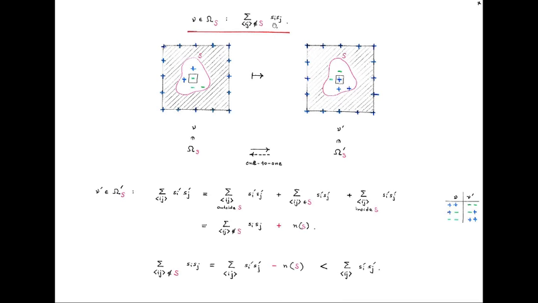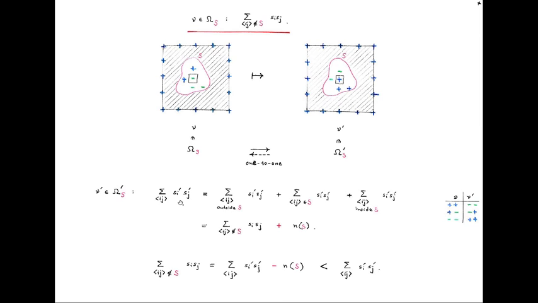Now, we would like to estimate this, but let's first look at any configuration over here, nu prime, and let's look at what is this sum Si prime Sj prime for such a configuration.